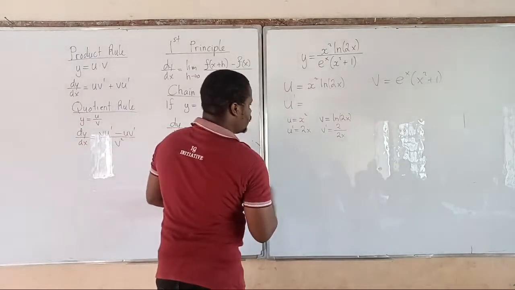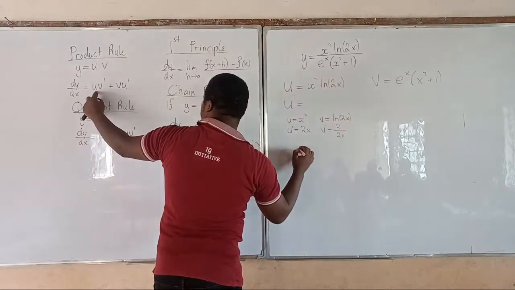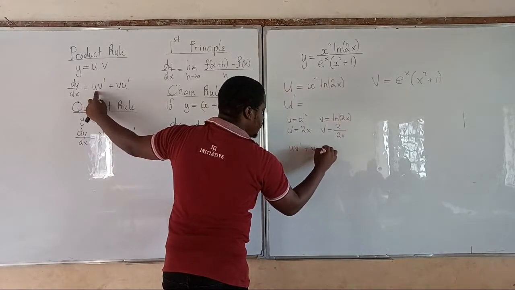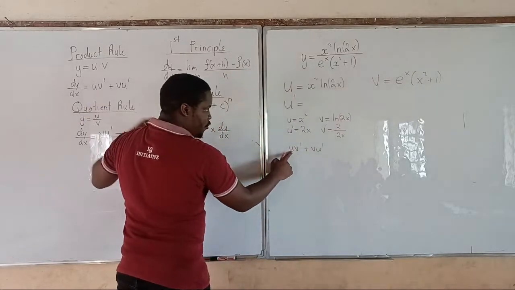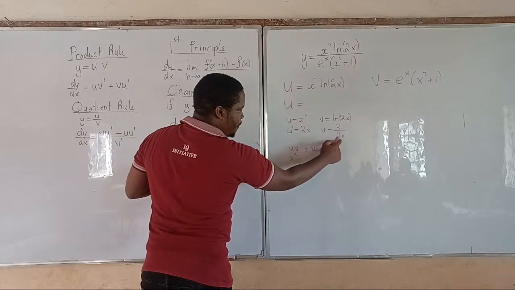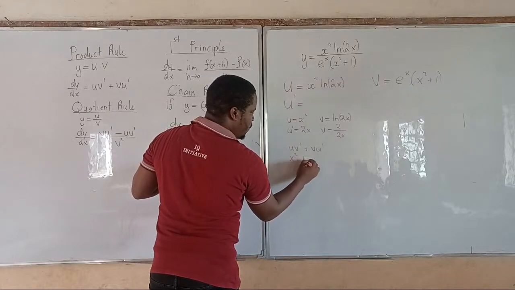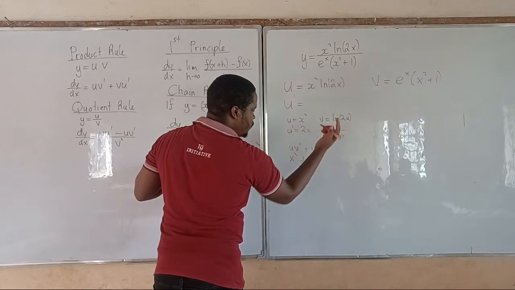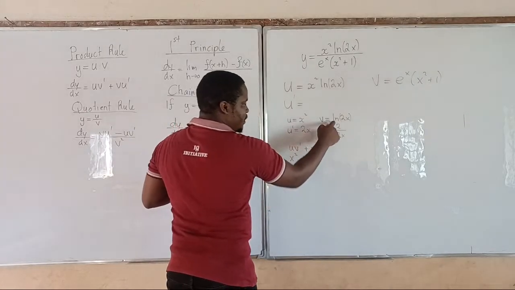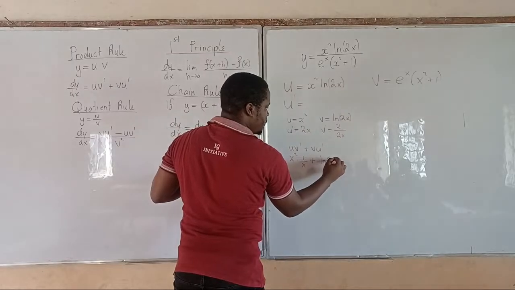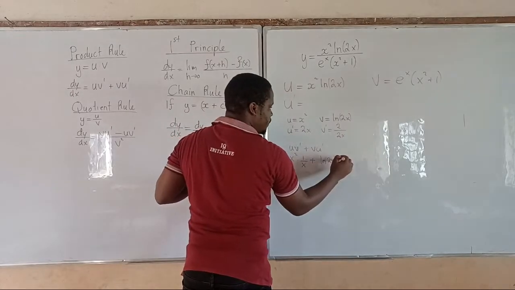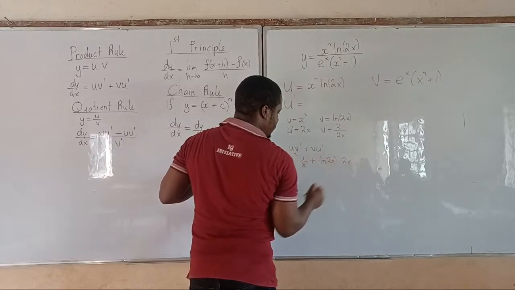So applying the product rule, this is what we're going to get. Product rule is given by u v prime plus v u prime. What is u? U is x squared. What is v prime? V prime is 1 over x. Remember, the 2 and the 2 just cancel. Plus, what is v? Ln 2x. What is u prime? U prime is 2x, like that.